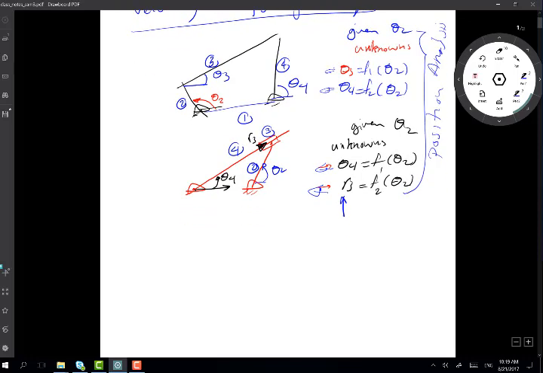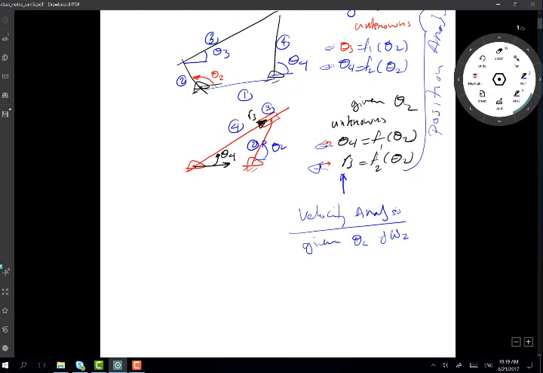So in terms of velocity analysis, my given would be exactly theta 2 and omega 2, right?